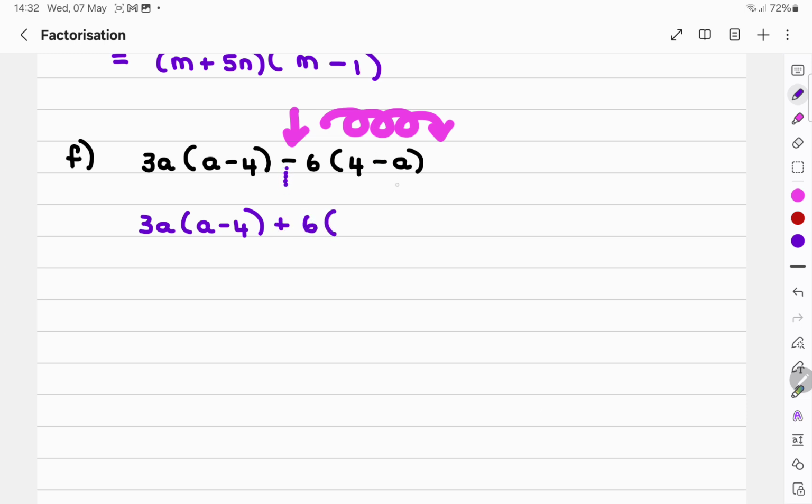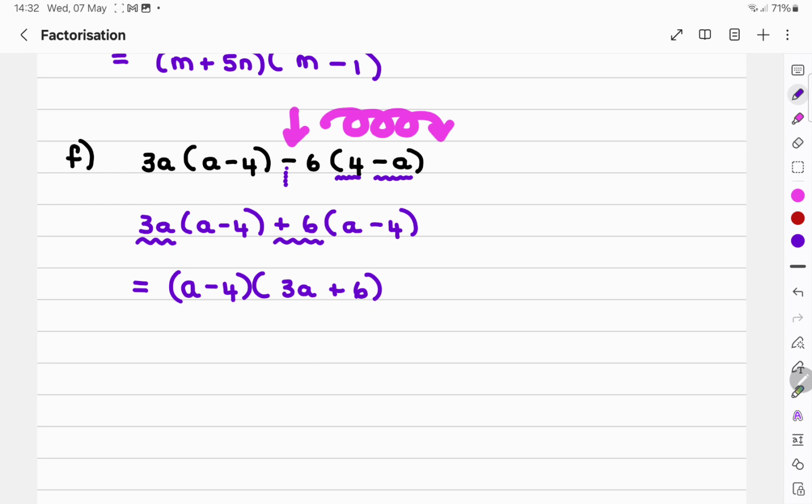And then I'm simply going to change and swap. So the negative a is going to become a positive a, and the positive 4 is going to become a negative 4. And they've got the same brackets. I can take out my highest common bracket. And then what is left? 3a plus 6.